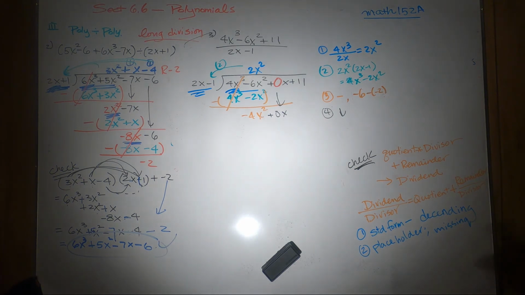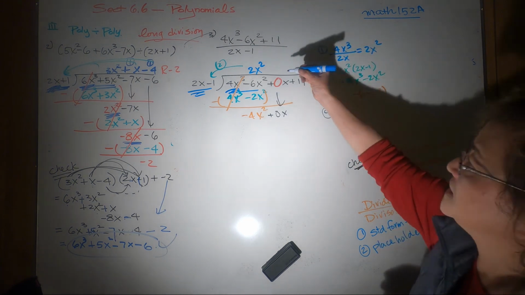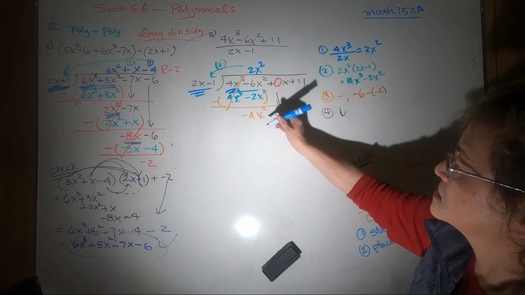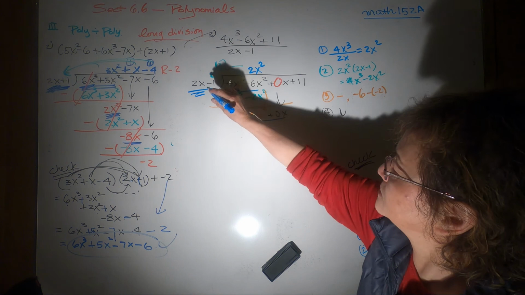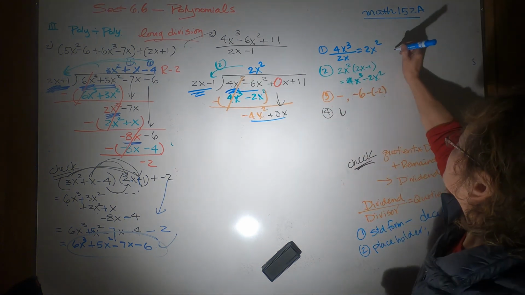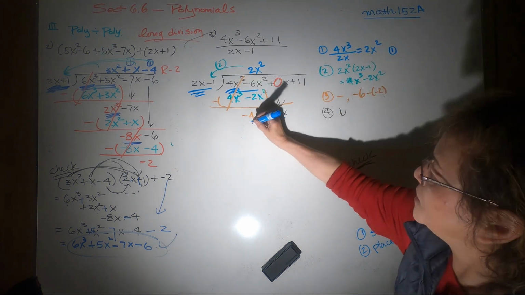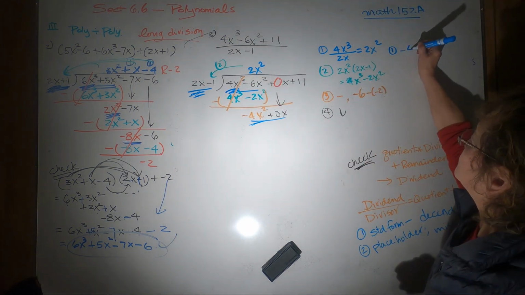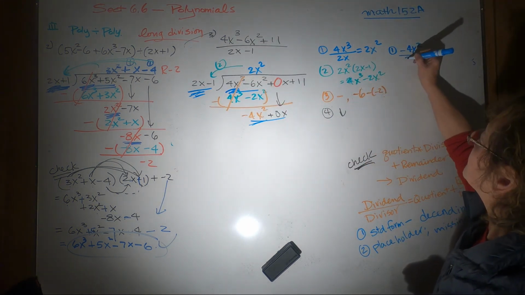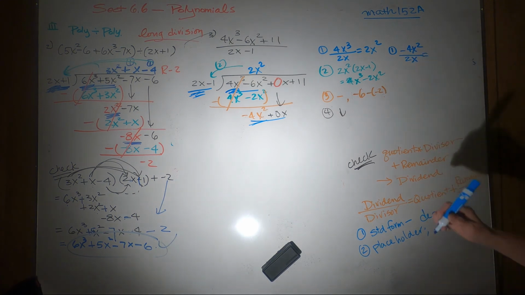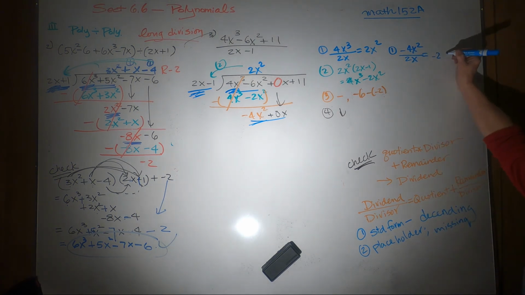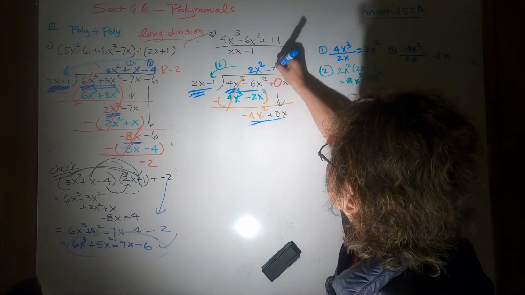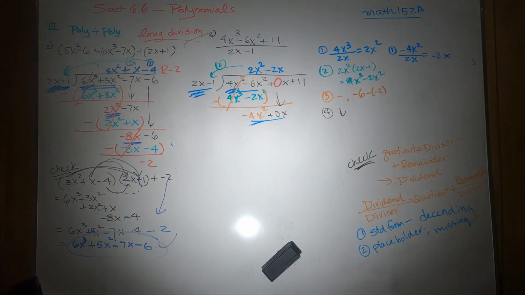Then we repeat. You have to find the next quotient. So what's your next quotient? 2 terms and 2 terms. Compare mono to mono. So it's negative 4x squared divided by 2x. That would be negative 2x.